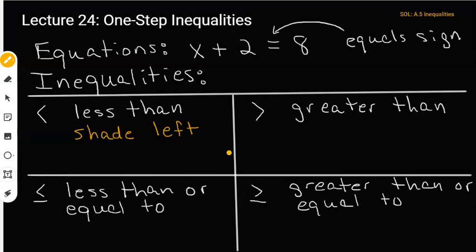So if you think about it this way, it's pointing to the left, therefore you shade to the left. It's going to be opposite for the greater than symbol. For the greater than symbol, you need to shade to the right, because it's pointing to the right.